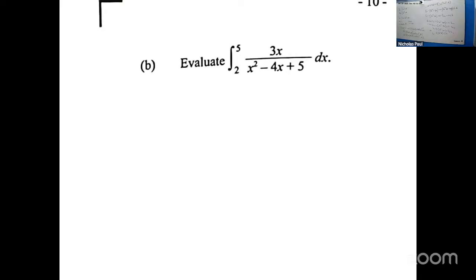Try it quick. But what did you get? By itself.